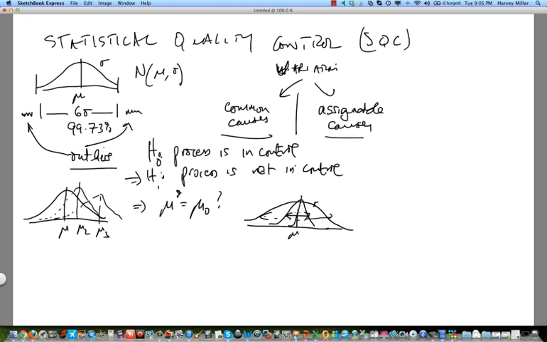Or what if it actually came a lot smaller? Then something is happening here. The range of the process is actually changing. The mean could still be the same, but the process variation is changing. All of a sudden we start to see wider and wider swings. So we want to be able to detect that as well.